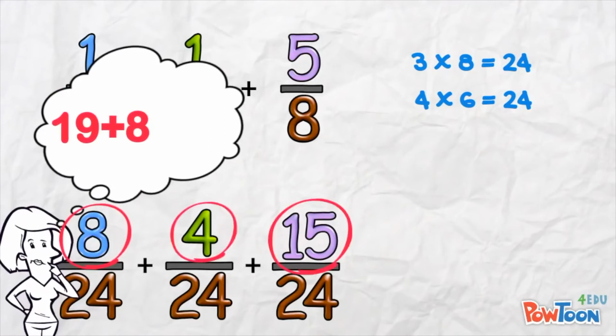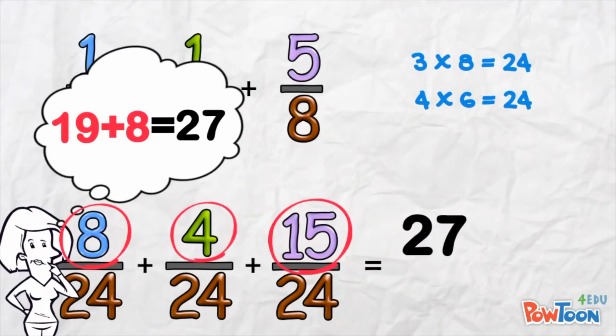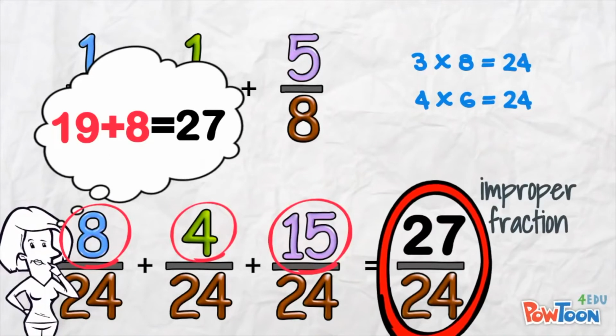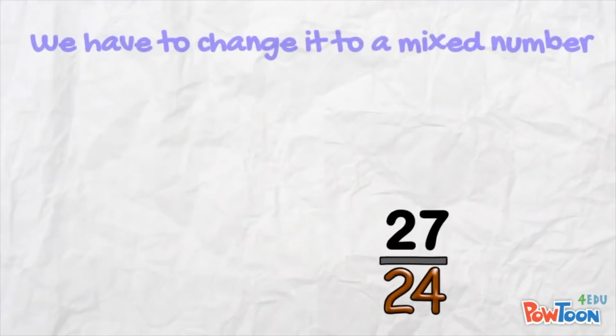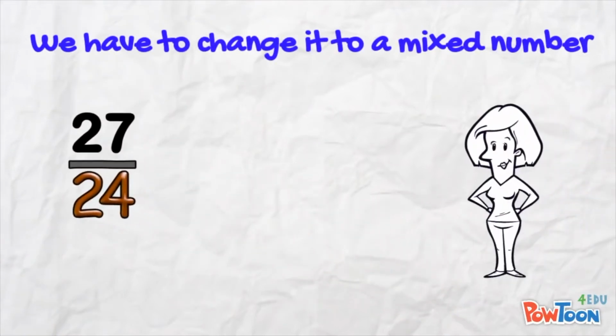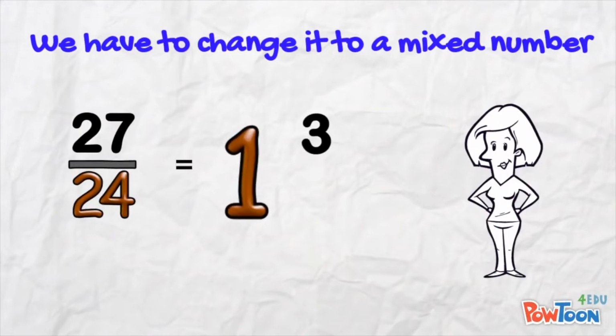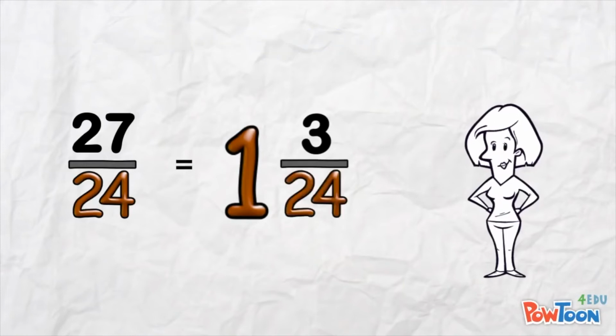Add in the 8, that's 27. 27 over 24. It's an improper fraction, and we can't leave it like that. We have to change it to a mixed number. There's one lot of 24 in 27, and there's 3 left over. Put that back over the denominator of 24.